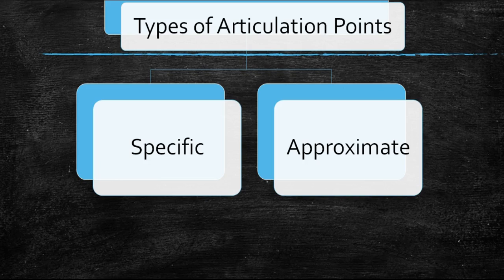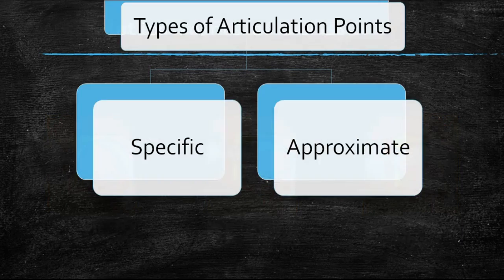Now, types of articulation point, we have specific and approximate. This is very theoretical. It's illustrated in the previous classes as in practical. Now the long vowels, they have approximate, not specific articulating point, because there's no specific point where the vocal tract is stretched or has friction.